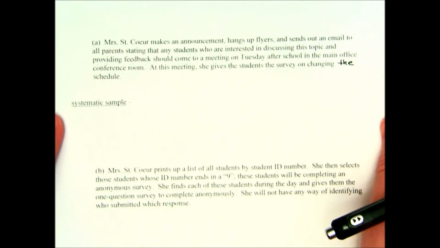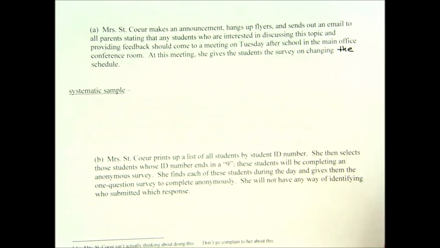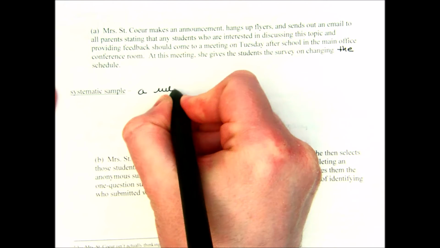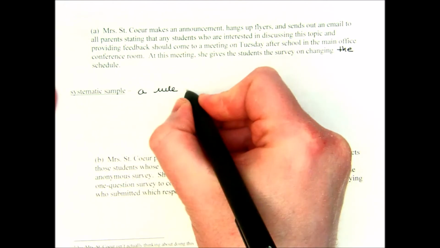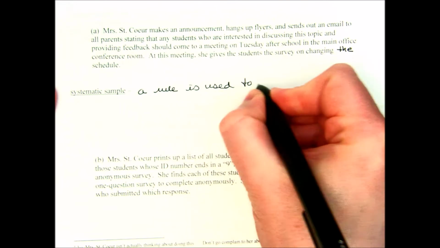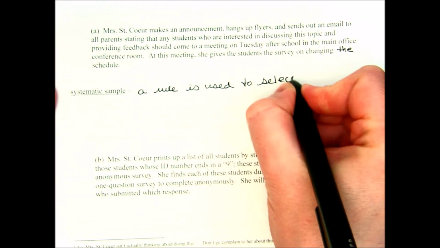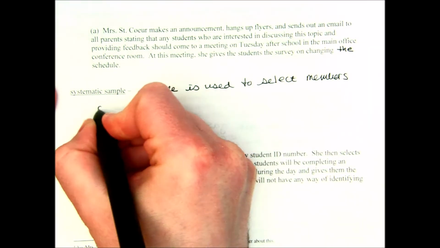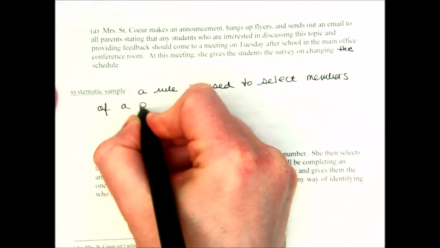The second method of collecting data is called a systematic sample. In a systematic sample, a rule is used to select members of a population.